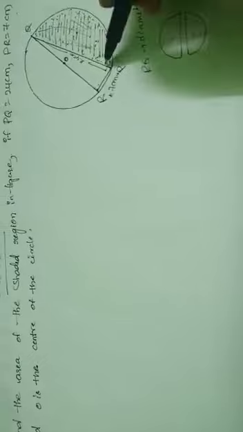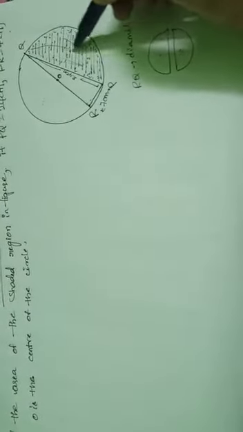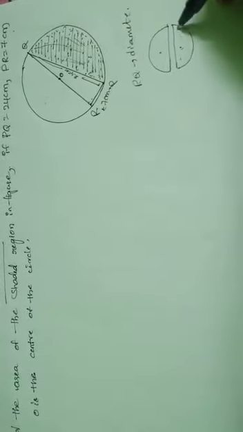Here we have to find the area of the shaded region. This area is bounded in one semicircle.